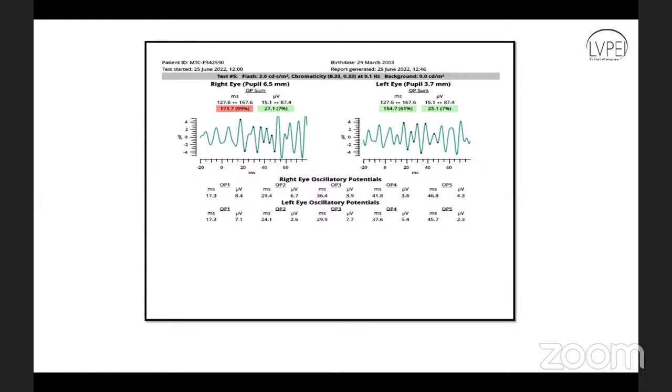We are getting subnormal scotopic and photopic responses. This is my point for all the audience. That is why the classification of Stargardt based on ERG is made. In initial stages of Stargardt, you may not get any ERG changes, whereas in advanced stages, you may get flat responses. Based on this, they have classified Stargardt disease on the basis of ERG into 4 stages. So that's from my side.